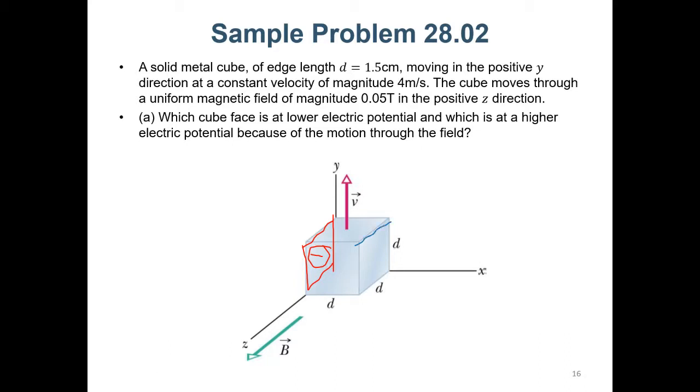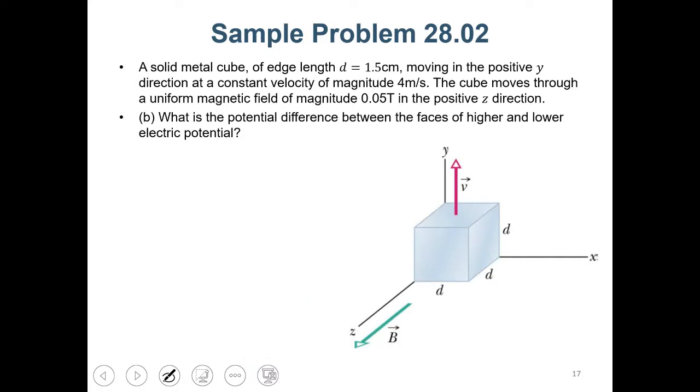And for the right side, it is positive charge. Yeah, it's very simple. Because B is pointing to this side, so this side is positive, that side is negative.